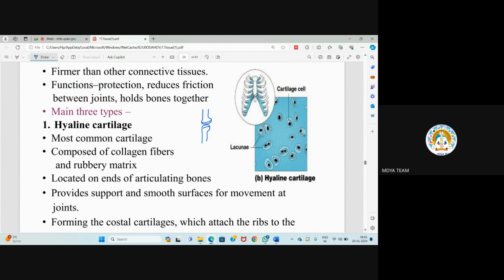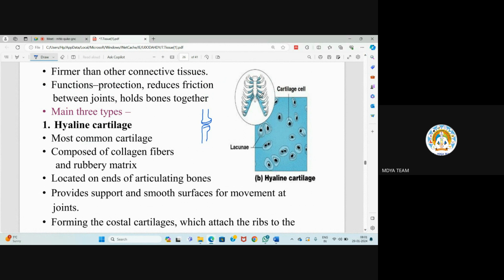If they are not colored differently, if this blue color is not projected, then you will not get it. They will look similar to bones, but they are not bones. Bones have a different composition, cartilages have a different composition.